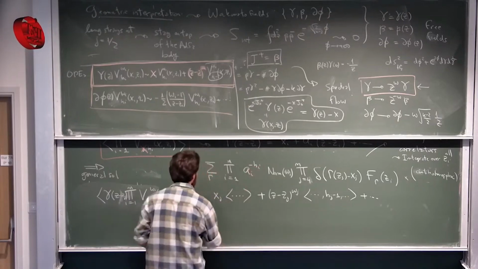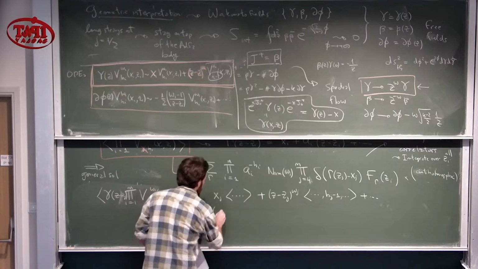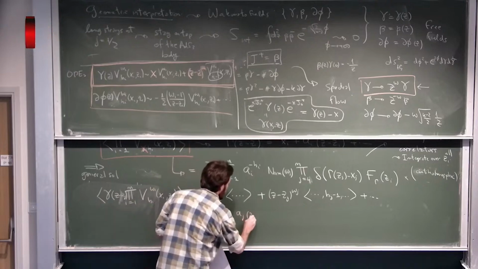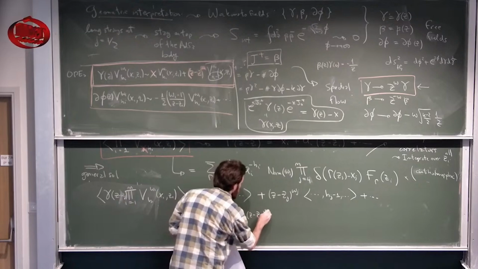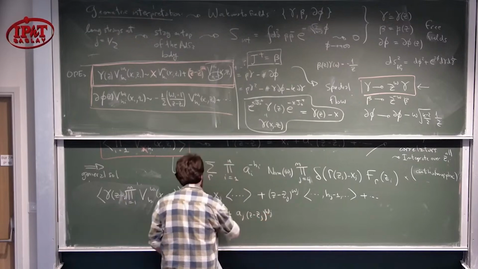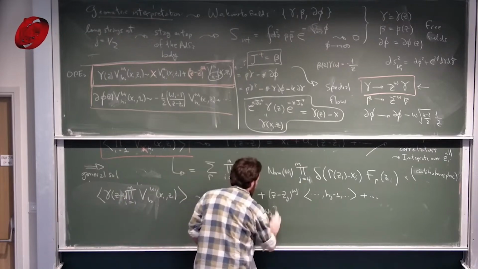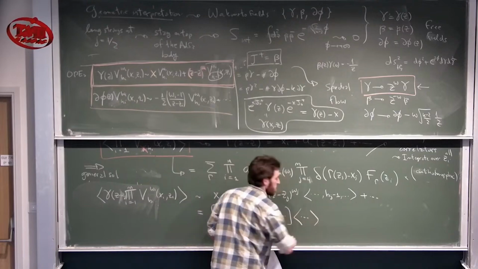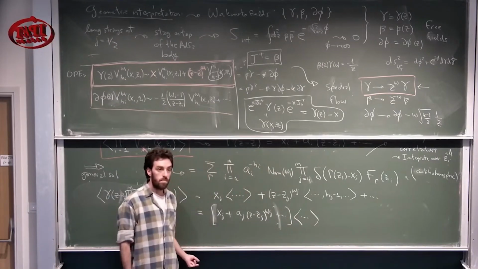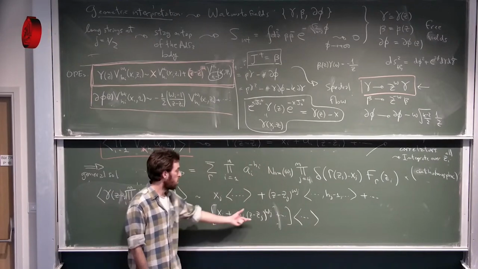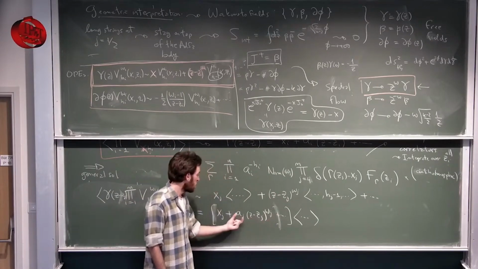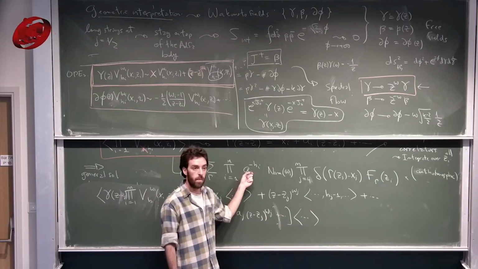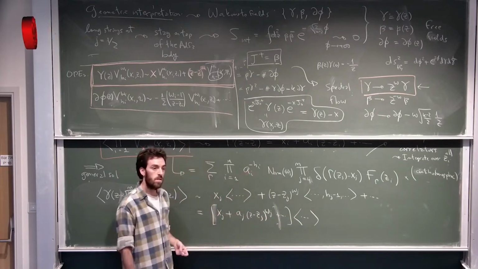I can just rewrite this as (x_j plus a_j (z minus z_j) to the ω_j, plus higher order corrections) acting on the original correlator, because the only thing I did by shifting h was to add some power of a. A doesn't depend on gamma.